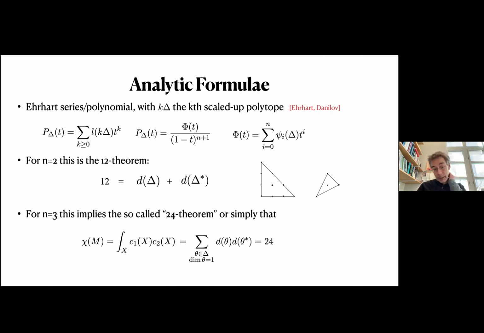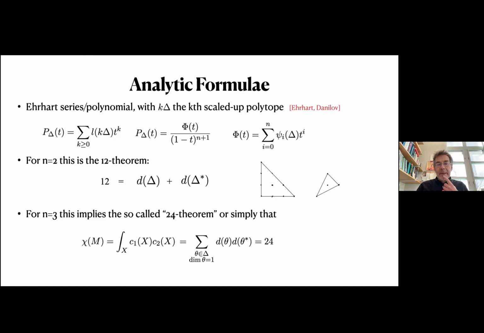It's an infinite series, but it can be rewritten using the fact that there's a geometric series that you can sum, and then you have a polynomial in the numerator. The coefficients of that polynomial in the numerator are those psi i. By comparing these two expressions, you can read off what the psi i's are.